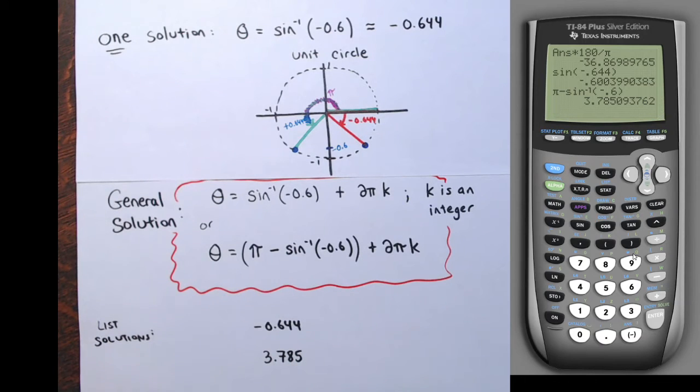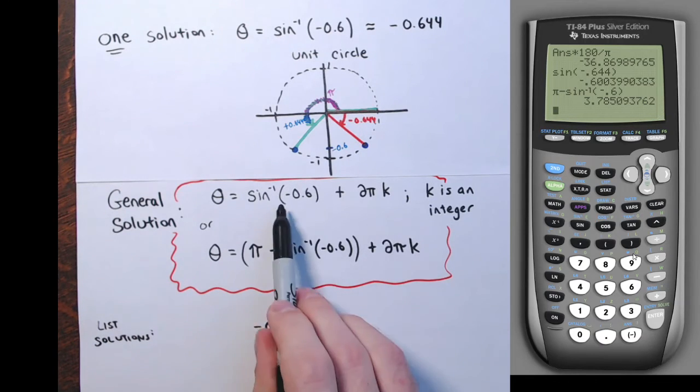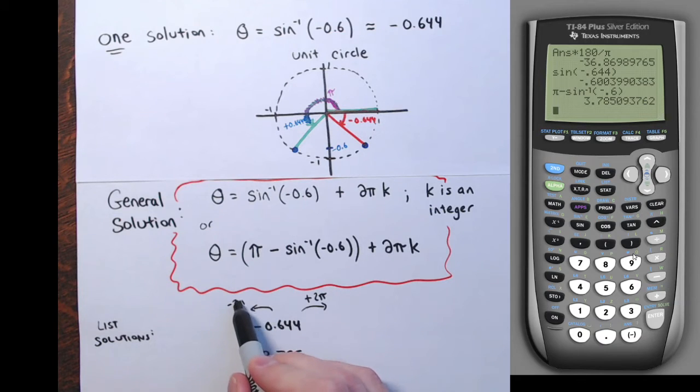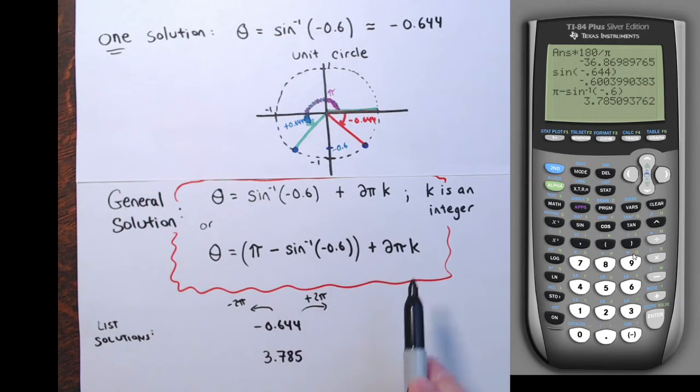And then what I'm going to do is just take these two angles here and keep adding 2 pi. This way I'd just keep subtracting 2 pi, right? That's all I mean by the adding 2 pi k.